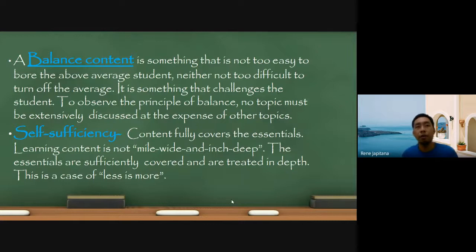It is better to have a topic discussed with a small, not that wide scope of content, as long as there is quality of learning.